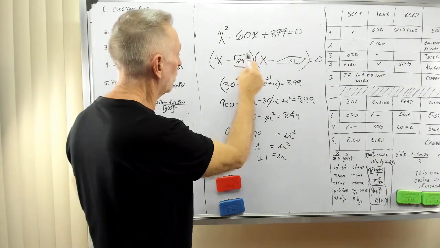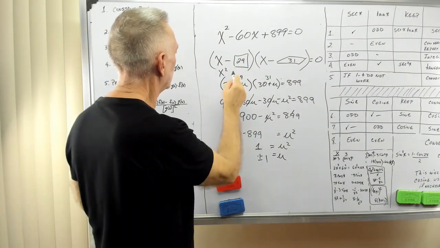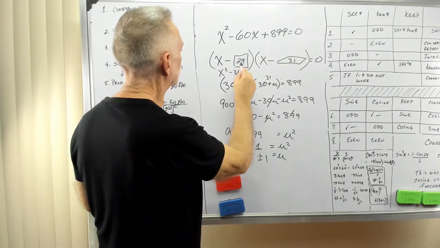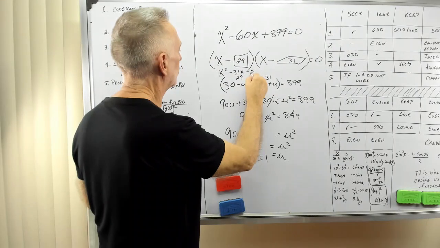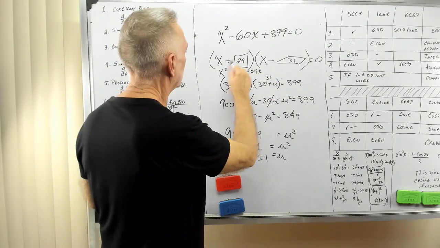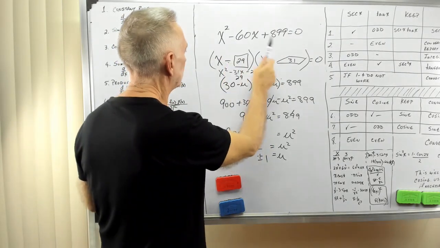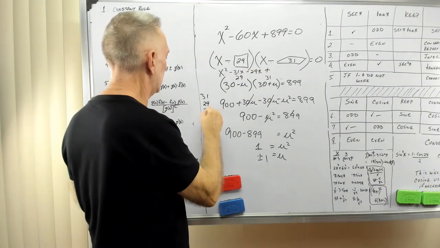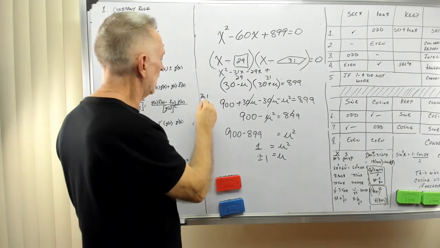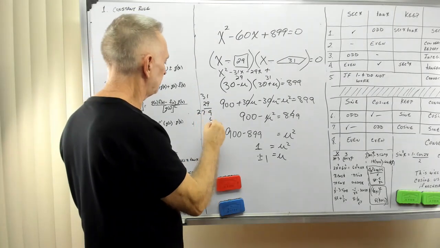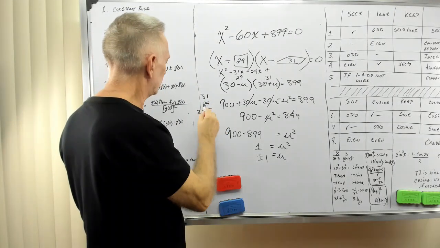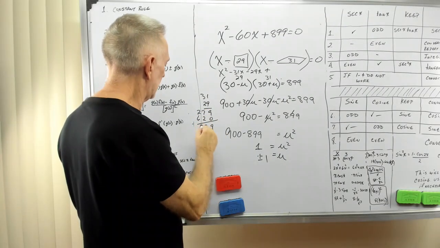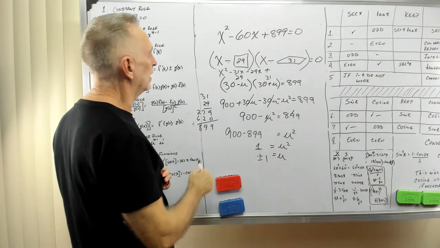Let's FOIL it, so we'd have x squared minus 31x minus 29x plus, these negative times negative is a positive, 31 times 29, 9 times 1 is 9, 9 times 3 is 27, 2 times 1 is 2, 2 times 3 is 6, that's 899.